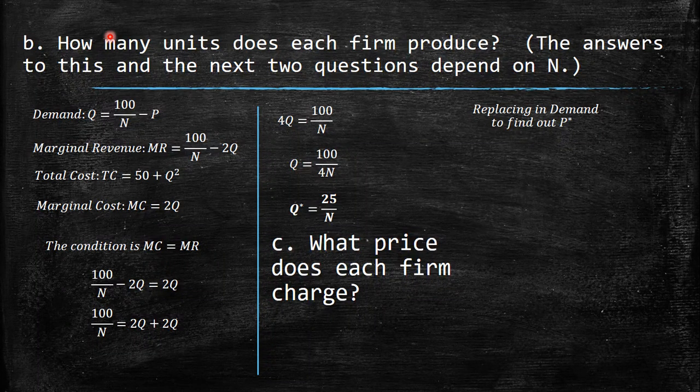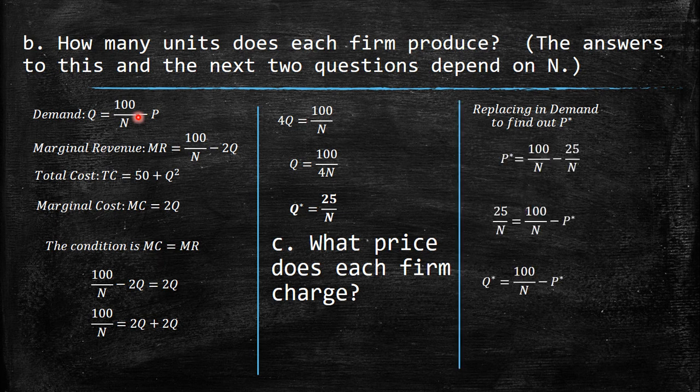So you need to replace it in the demand. So here we have P star should be this one. Remember, Q star is equal to this, so then you can put the price over here and the Q here.